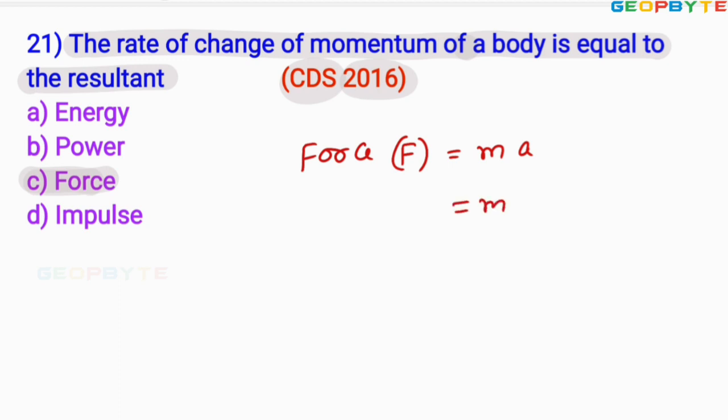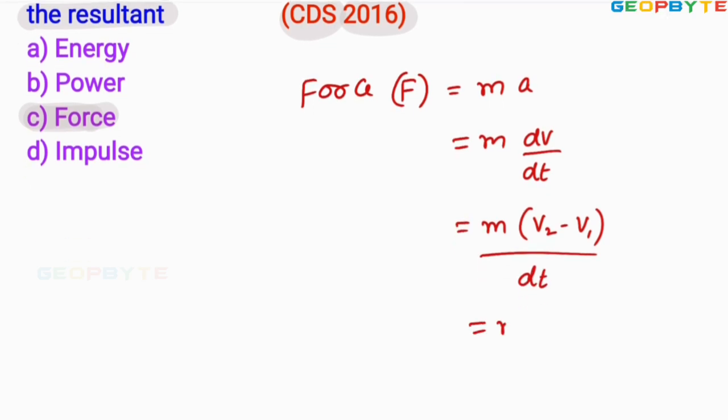Mass multiplied by acceleration equals mass into dv by dt, that is, v2 minus v1 divided by time, which can also be written as mv2 minus mv1 divided by time.